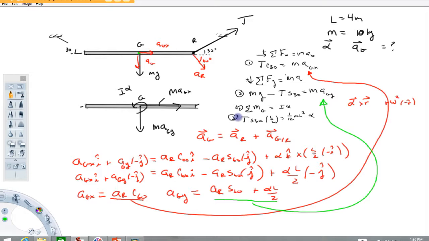Now your new system of equations, I'm going to call this our equation 1 green, as in after you did the substitution, and then equation 2 green after you do the substitution, and this guy you can just leave alone for now, 3. Your new system of equations will have 3 unknowns: tension, alpha, and the acceleration of r.